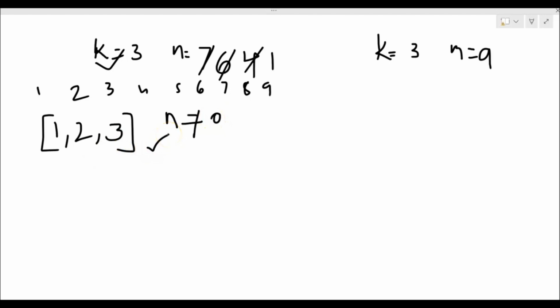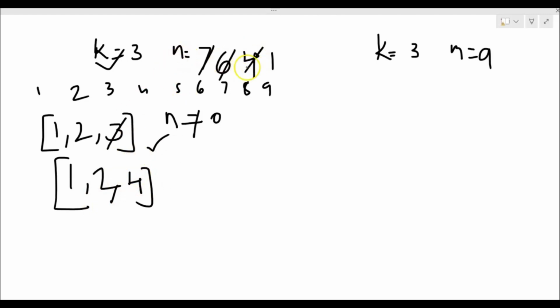Since this is not a valid combination, we'll remove this value from our current subset. We'll pop this value and check the next value. So we'll try to add the next value, which is 4. Now again we have reached our base case, where the current subset size becomes k, which is 3. Now we'll reduce this value from our target value.